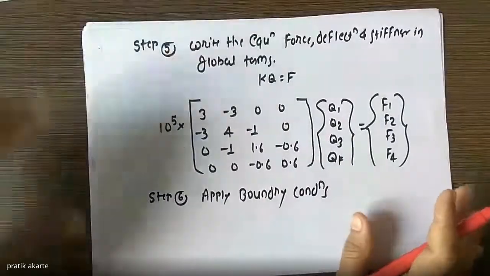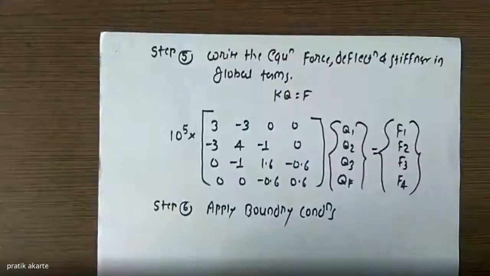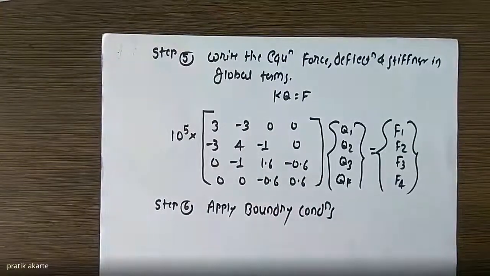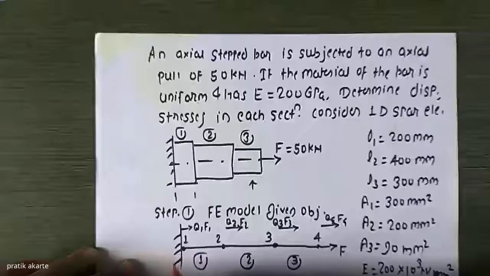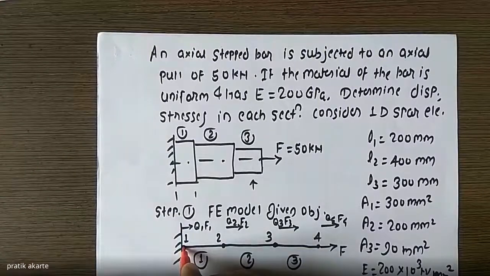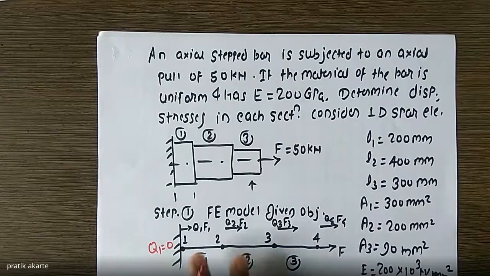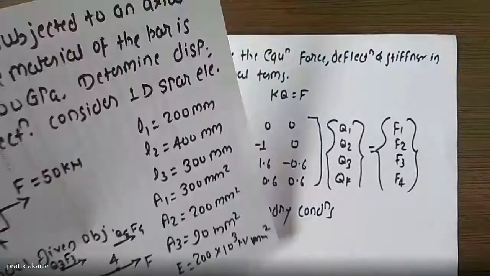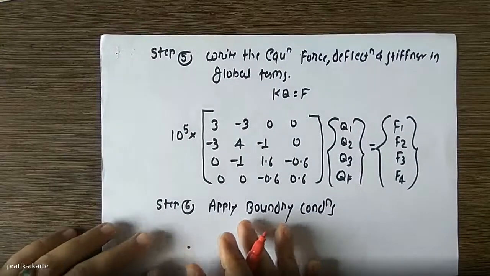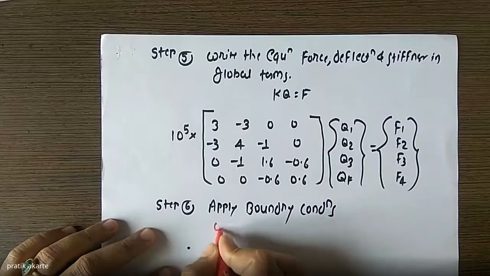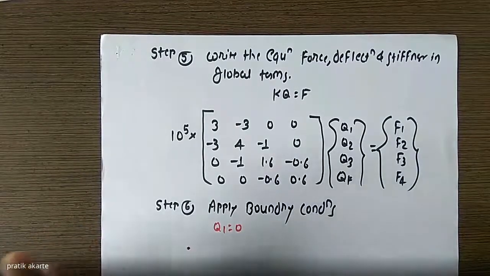If we look at the statement of the problem and the model diagram we have generated, node number 1 is fixed, so displacement at node 1 is 0. So I can say that Q1 is equal to 0.